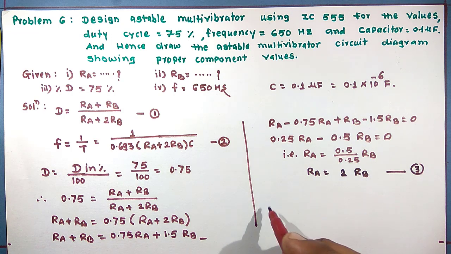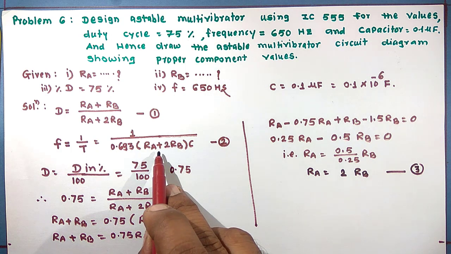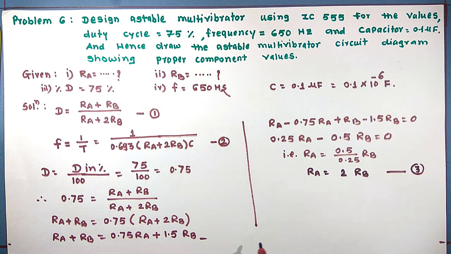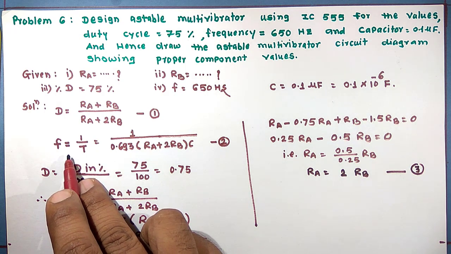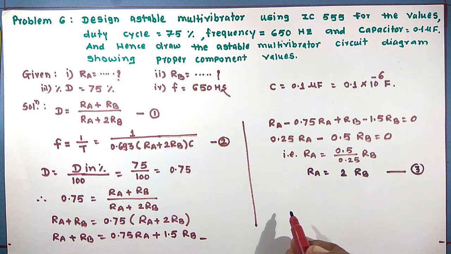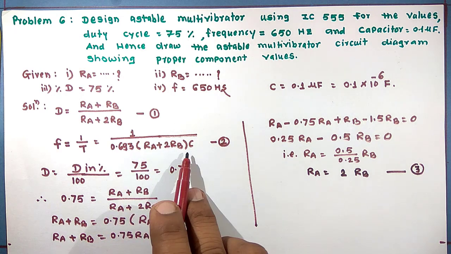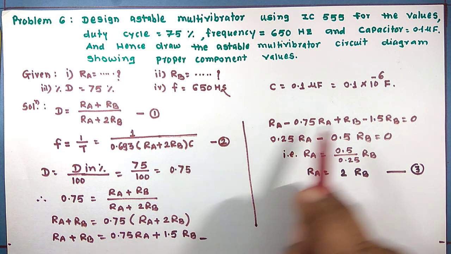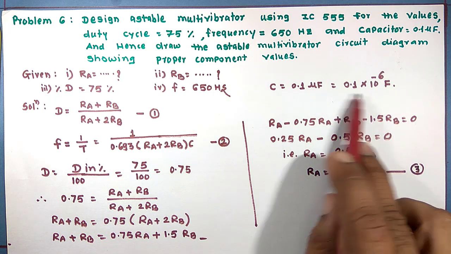Now let us use frequency formula. We have F is equal to 650 Hertz and the value of capacitance is 0.1 microfarad.